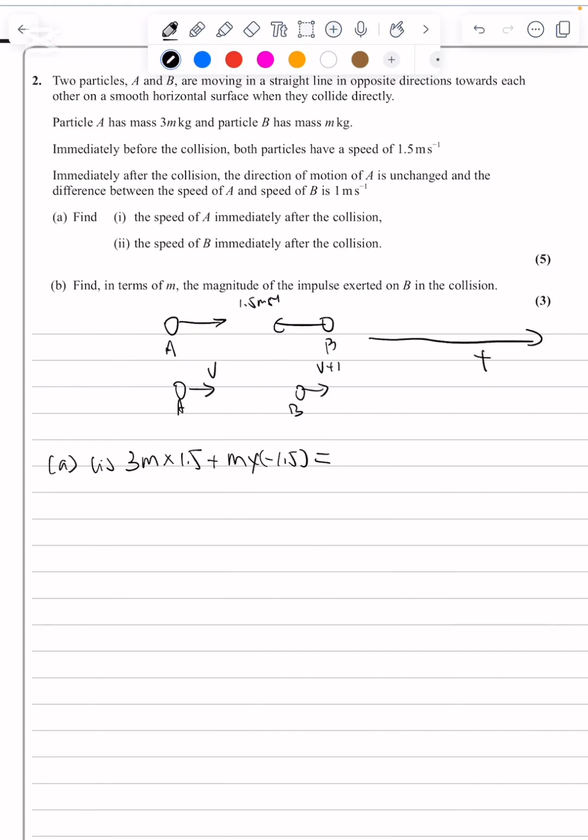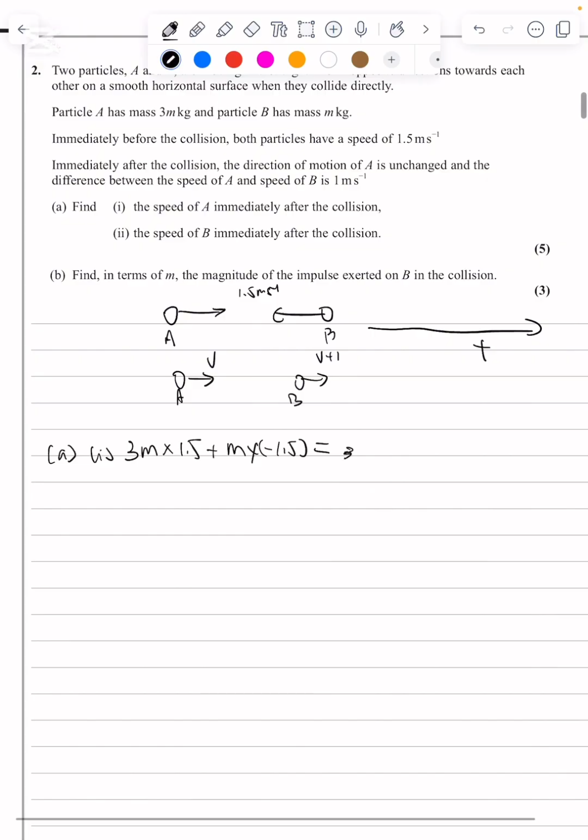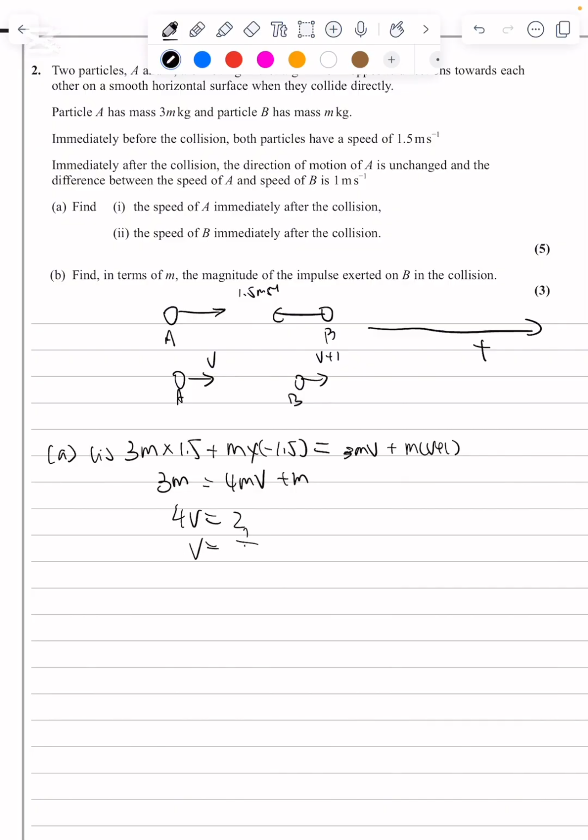So 3mv plus m(v plus 1). Then we will get 3m equals 4mv plus m. And then we do some dirty work. 4v equals 2, v equals 1/2.